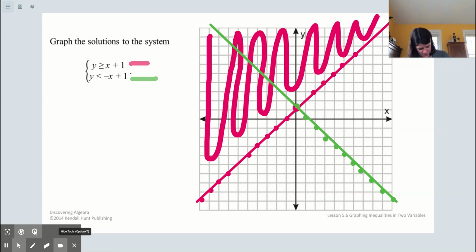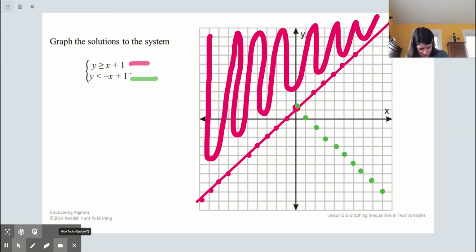And then, oops, I'm just going to erase. So since this is less than without an equal sign, all right, let's try again.